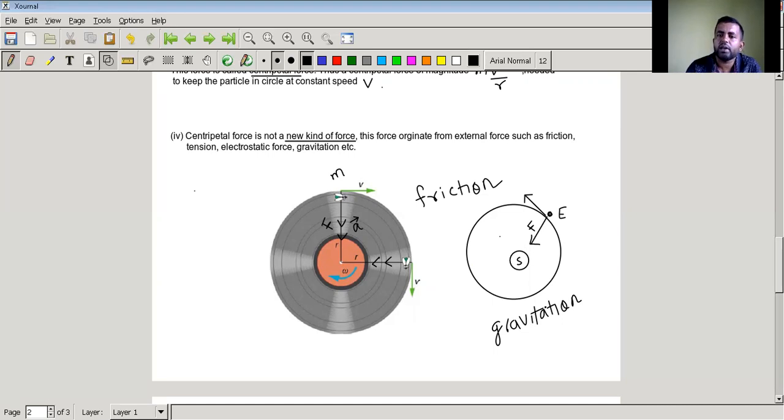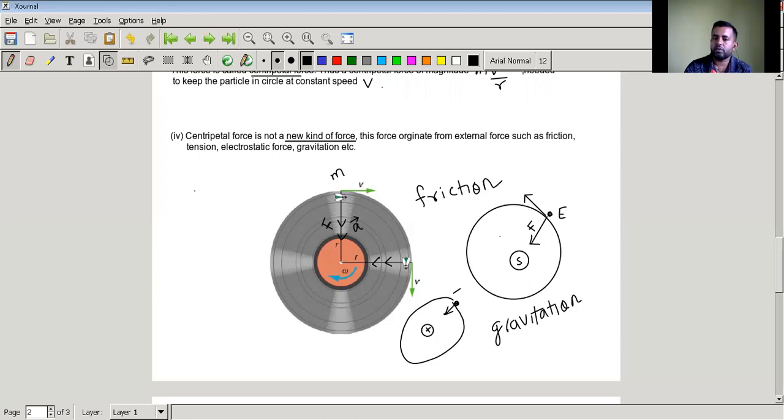We can go on. Say this is the nucleus, which is positive charge, and this is an electron, which is negatively charged, and we know that the electron goes around the nucleus. So what kind of force exists between the positively charged nucleus and the electron? It turns out that it is an electrostatic force. Because the nucleus is positive and the electron is negative, the electron feels a force in this direction, and due to that it goes in a circle.